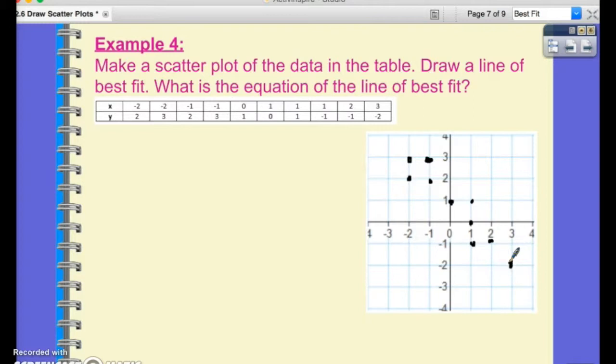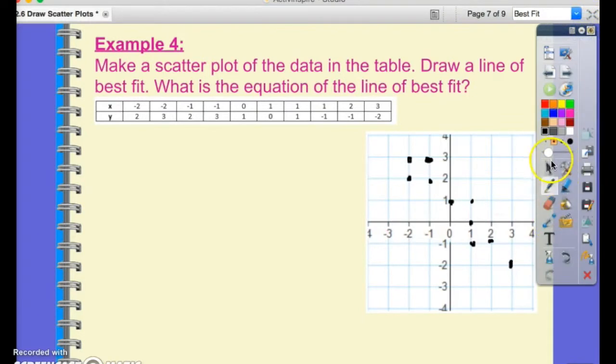All right. So what's different with this one? We're going to plot the points, and now we're going to do the same exact thing again. So I'm going to draw a line of best fit. A ruler is going to come in handy. So let me see what I have here.